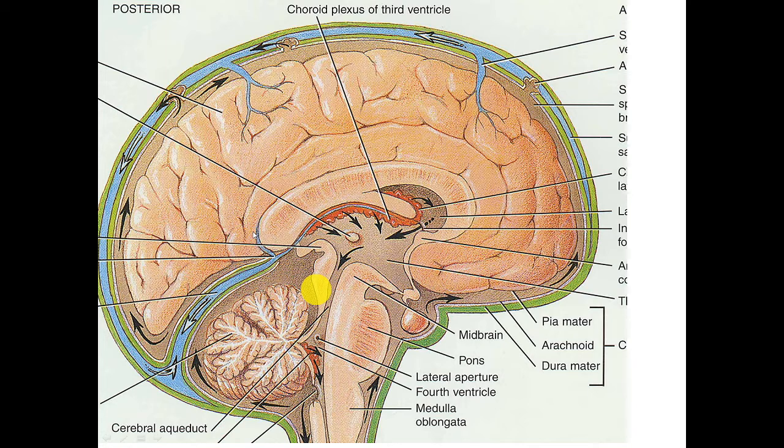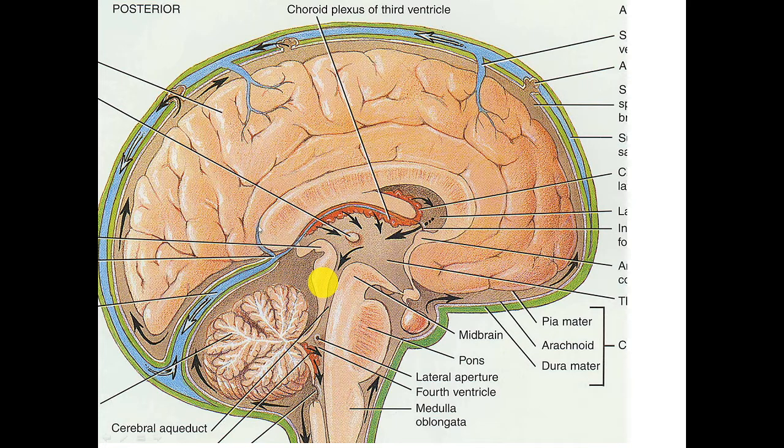You know, you're sitting in your living room and a bookshelf falls over in your bedroom and makes a huge crash. That causes you to flinch. That's a reflex as well. So the corpora quadrigemina is going to be involved in reflexes. So you've got this upper lump called the superior colliculi and the lower lump called the inferior colliculi. They make up the entire structure called the corpora quadrigemina.